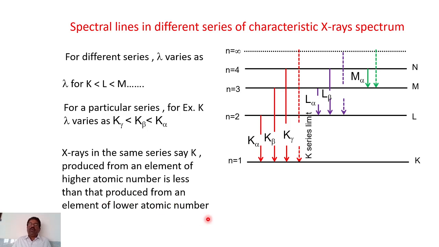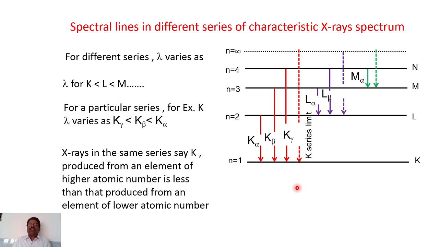Because this is very obvious. The positive charge in the nuclei is much greater for a high atomic number element, target material. So therefore the binding energies are greater there. The K shell binding energy of the higher atomic number element will be higher as compared to the K shell electron binding energy of a low atomic number element, and therefore definitely the wavelength of the high atomic number element for the same series as compared to the lower atomic number will be smaller.